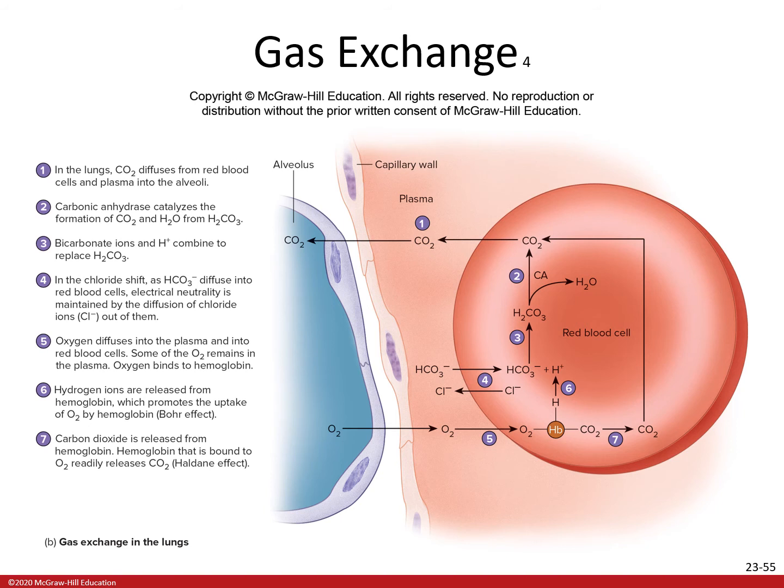Carbonic anhydrase is going to catalyze the formation of carbon dioxide and water, or H2O, from carbonic acid. Bicarbonate and hydrogen ions will then combine to replace the carbonic acid, and oxygen diffuses into the red blood cells and binds to hemoglobin. So this is just a similar process, just kind of backwards.